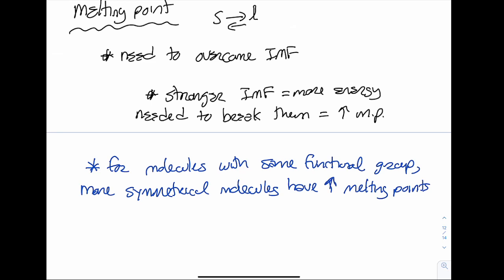So arrow going up meaning higher. So for molecules with the same functional group, the more symmetrical the molecule, the higher the melting point.